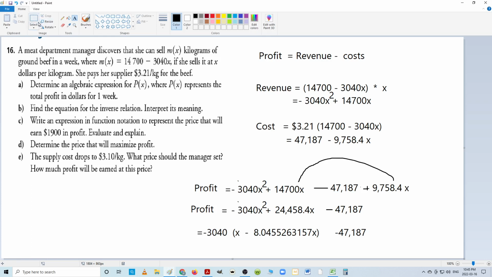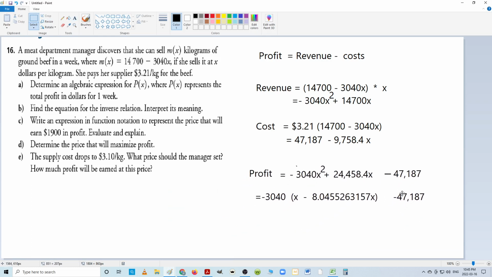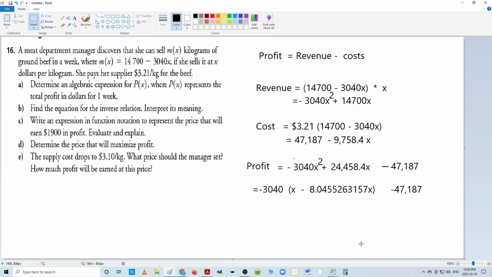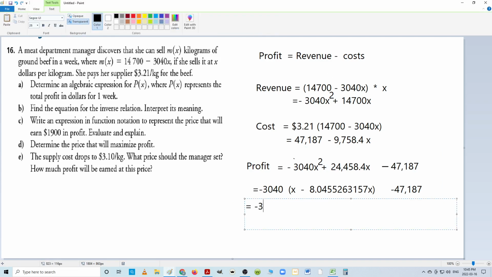So far that's the completion of the square for the profit. I'm just going to get rid of this one because it's the longer one. We'll keep both of these to make sure I completed the square properly. And I'm even going to input this whole one in there to see if I did the whole thing properly. But you're going to discover that this is minus 3040, x minus half of that.